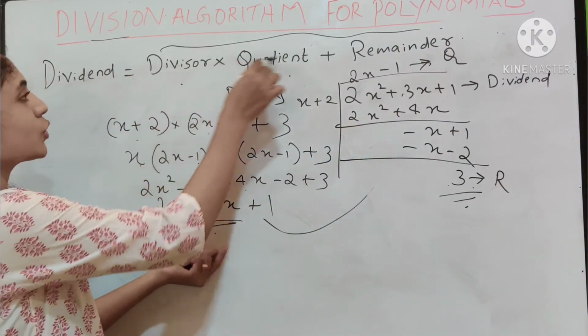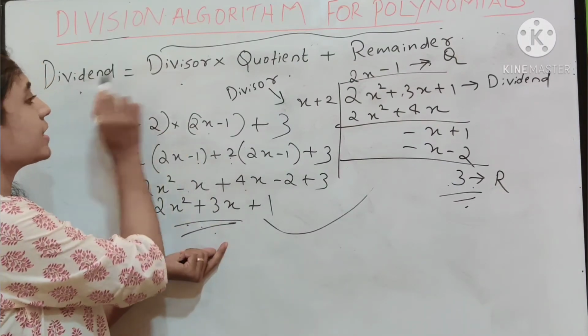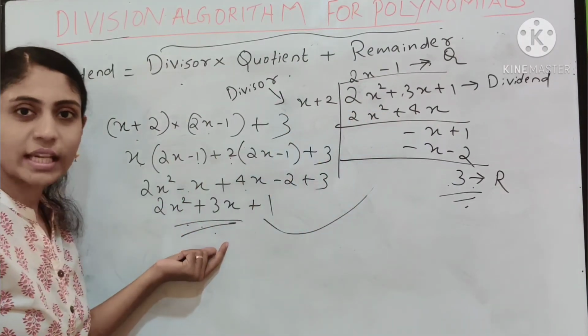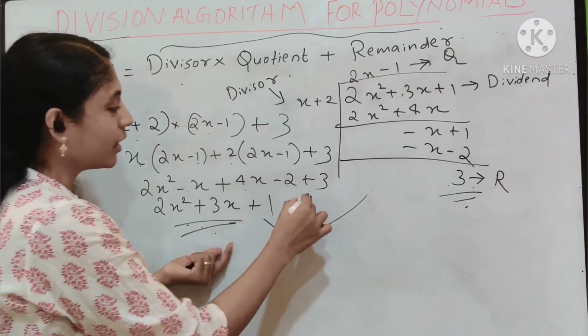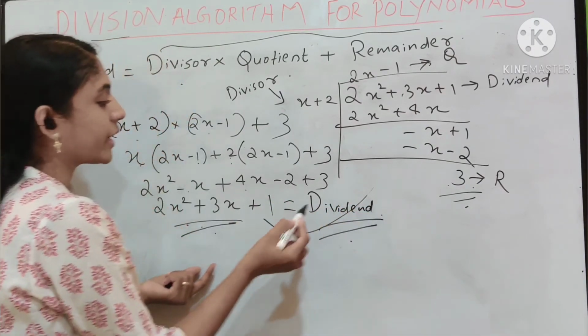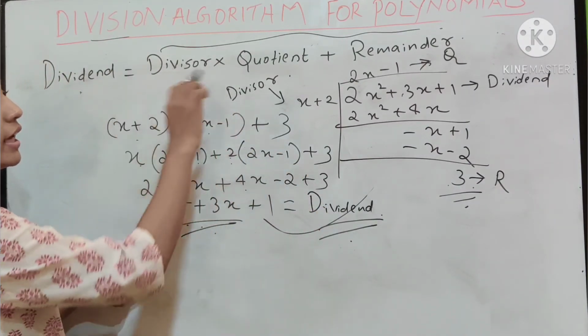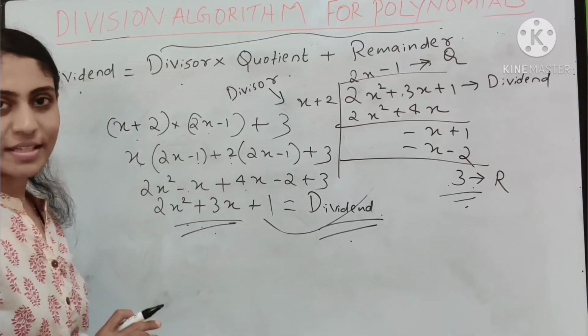So divisor into quotient plus remainder is nothing but the dividend, that is 2x square plus 3x plus 1 in this case. So we got the point as correct. Why? Because we verified that the dividend is nothing but divisor into quotient plus remainder.